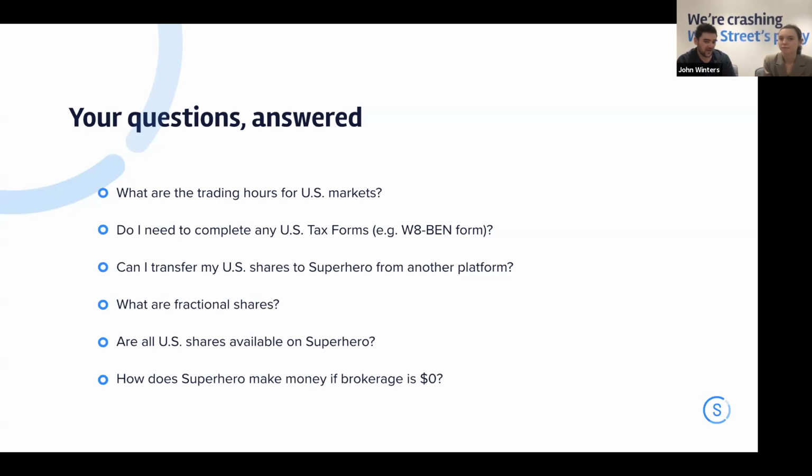We don't receive any payment for order flow. Every trade actually costs Superhero money, and the way that we offset that cost is by charging an FX fee. That FX fee offsets the cost of transactions per customer, and that's where we generate our revenue from.